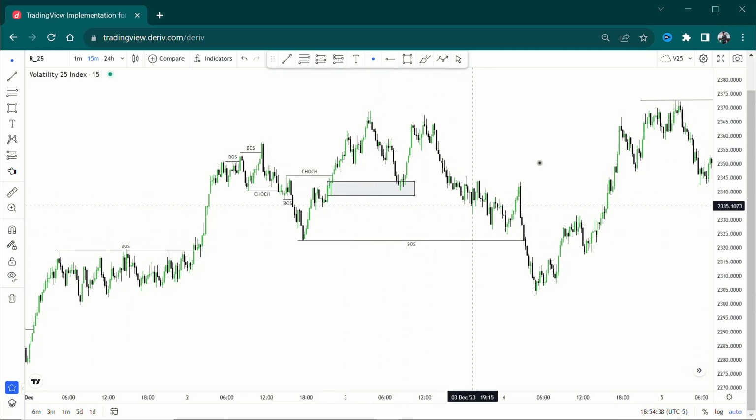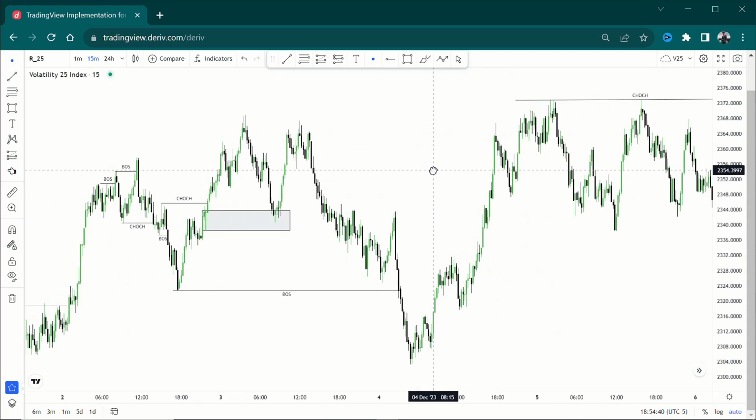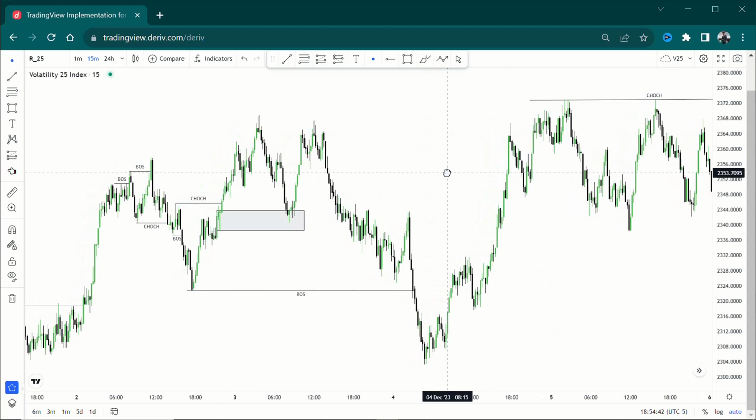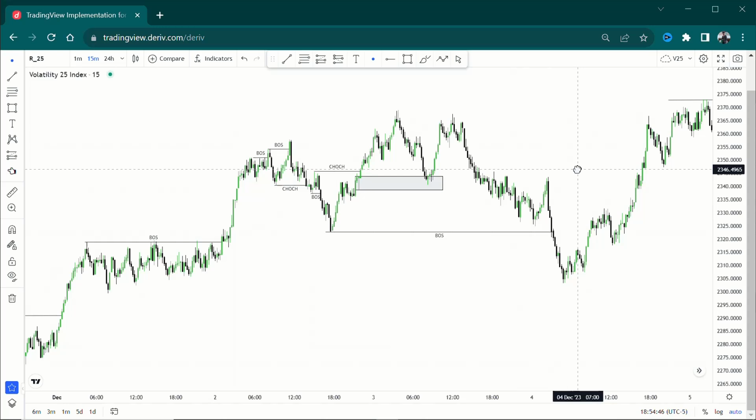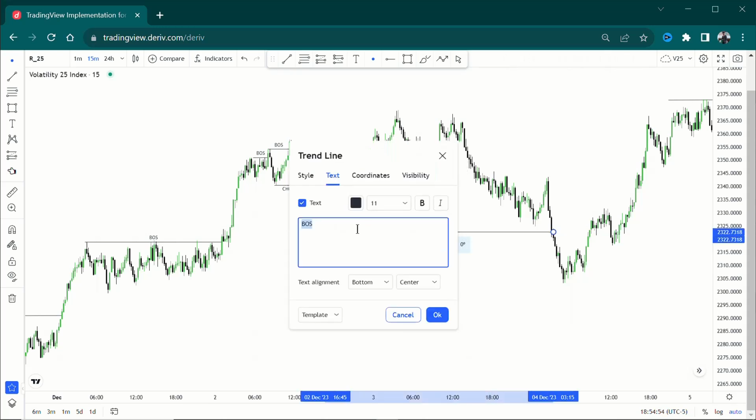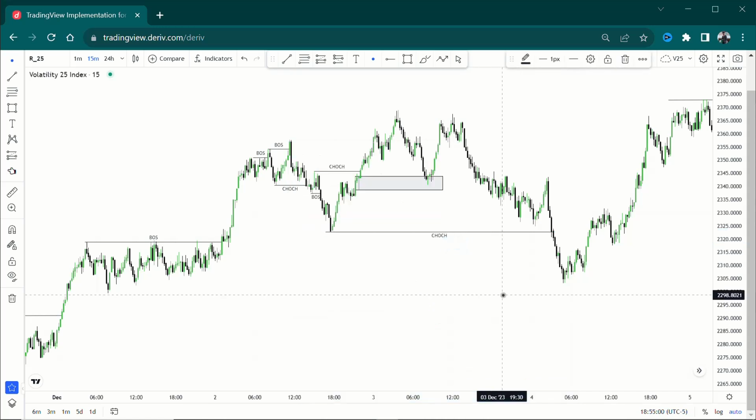What was happening here? Why did I mark this? Oh, yeah. I don't know why I marked it like that. Here it was supposed to be change of character.